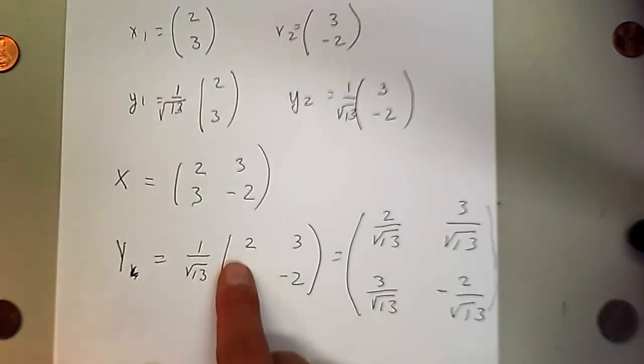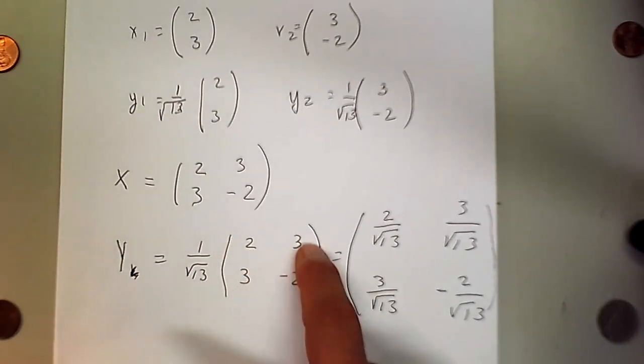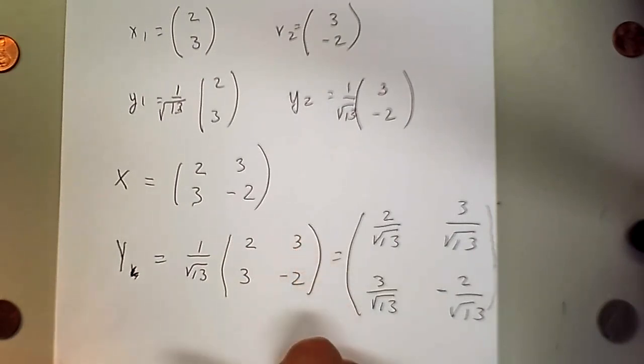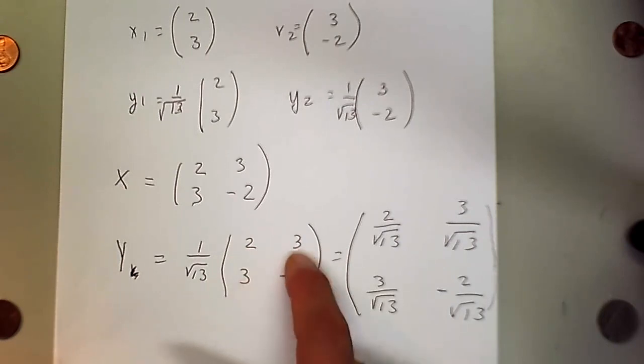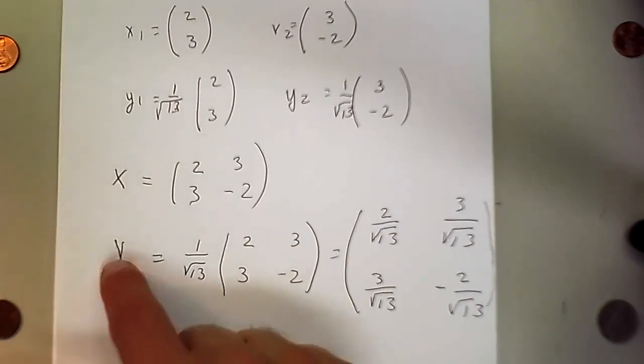What is the determinant of this matrix? Negative 4 minus 9, negative 13. Yes. Negative 13. The reason I'm bringing that up is because I want to find the inverse of this Y.